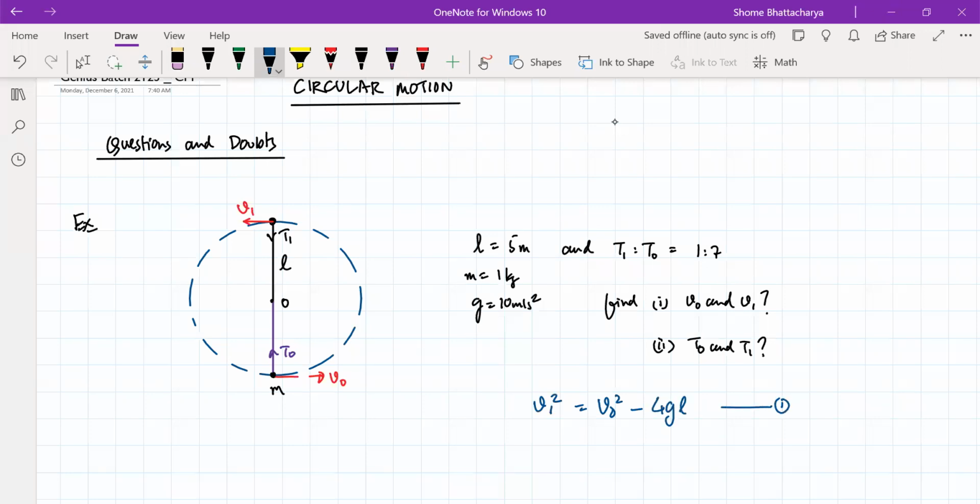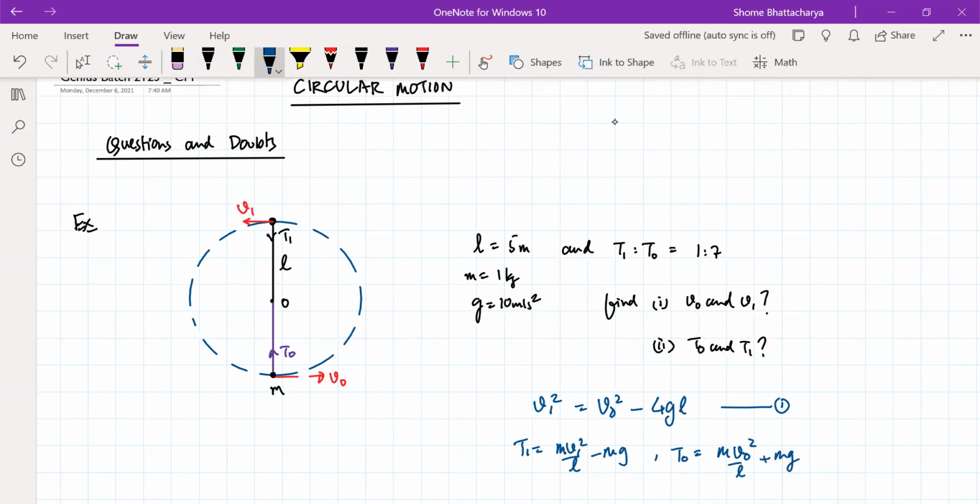That's from work energy. And then you have T1 is equal to mv1 square by L minus mg, and T0 is equal to mv0 square divided by L plus mg.